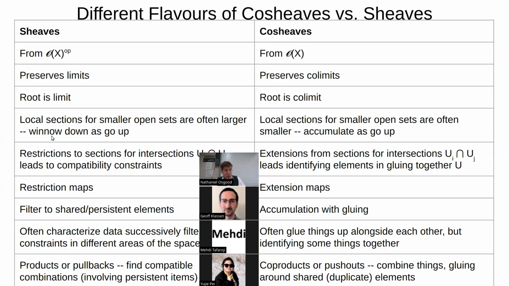Local sections for smaller open sets are more like smaller regions or smaller intervals of time. That's what I mean by smaller open sets. They're often larger. They have more possibilities, right? That's what we have for sheaves.